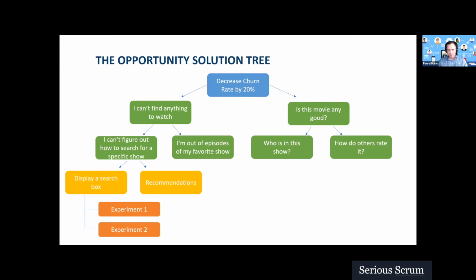So it's connected with the top level problem. Another assumption may be that if we help customers find something to watch, it will decrease the churn rate. So we can put this assumption and perform an experiment to validate or invalidate it.